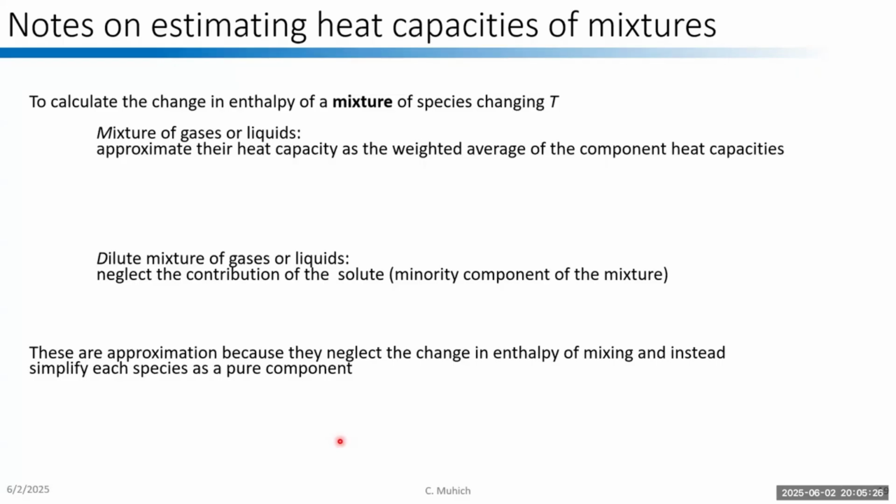Often, if I have dilute mixtures, so if I have very small amount of CO in a bunch of CO2, it usually doesn't really change things. So I just neglect the minority component. Okay, so these are approximations because we're sort of ignoring effects of mixing, but usually that's a pretty good approximation.